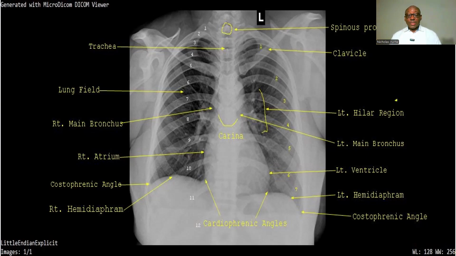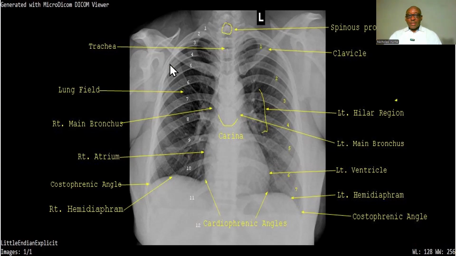And within the thoracic cavity, there are organs. And these organs appear as either lucent or opacified, or in between. We have different grays. As we go on, we'll be able to appreciate that.